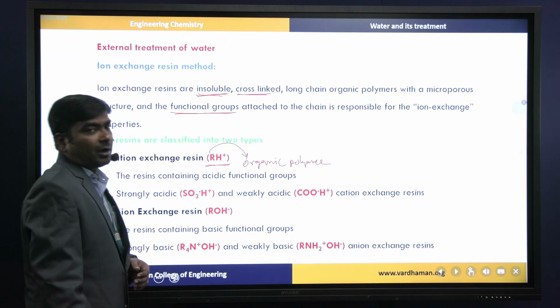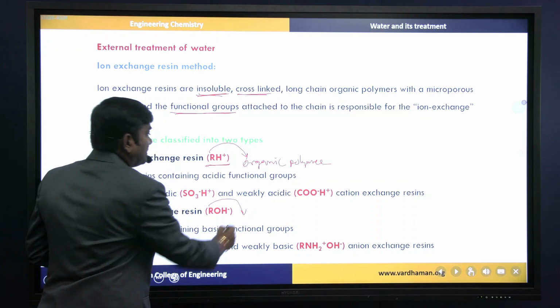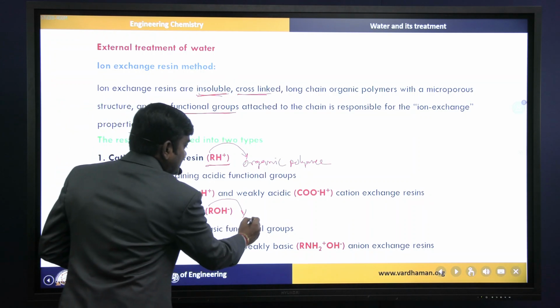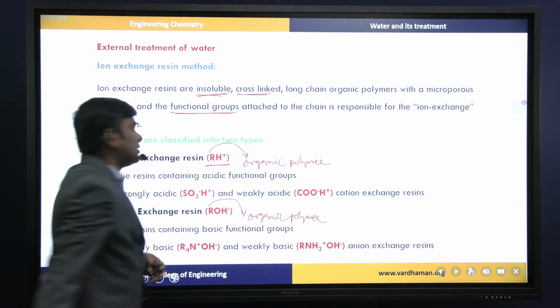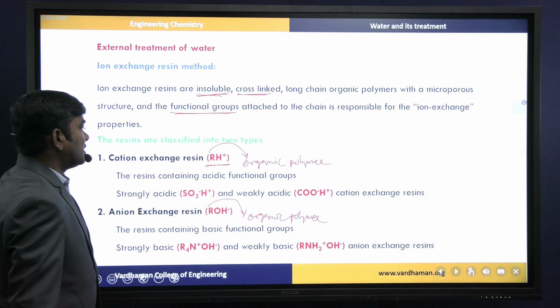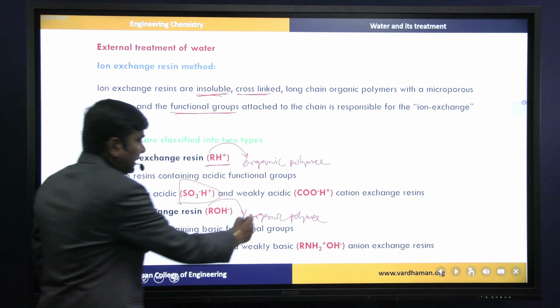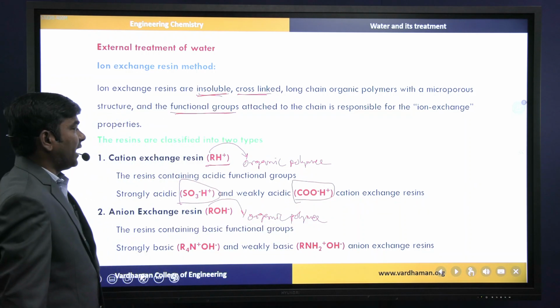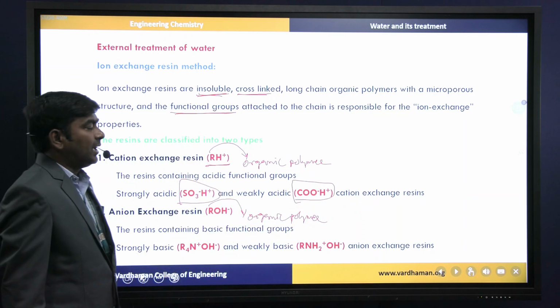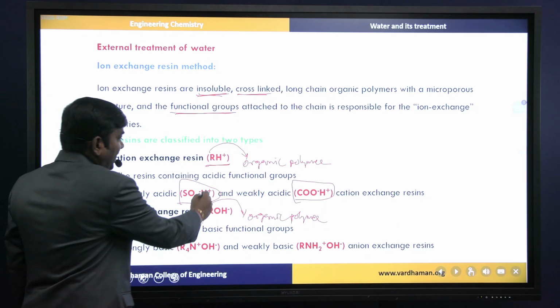In the anion exchange resin also, R means organic polymer. So strongly acidic and weakly acidic groups, SO3H and COOH, are available in the cation exchange resin.